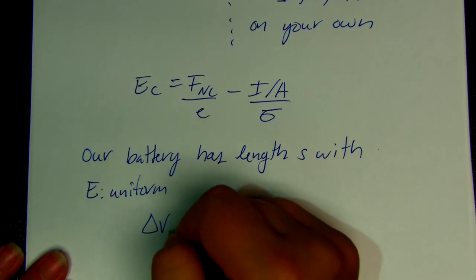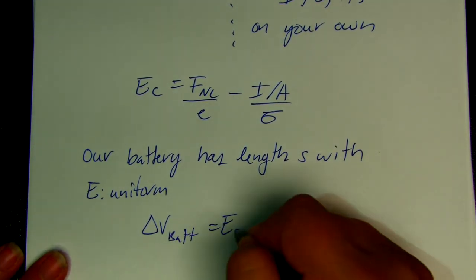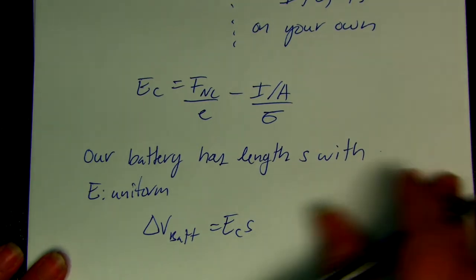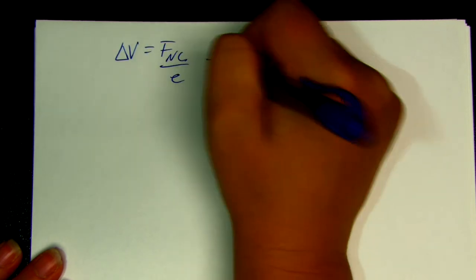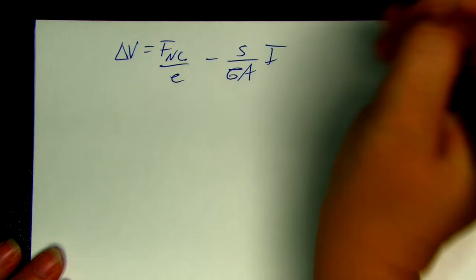And so delta V of the battery is equal to the Coulomb electric field times the separation. Then delta V is equal to F_NC over E minus S over sigma A times I.